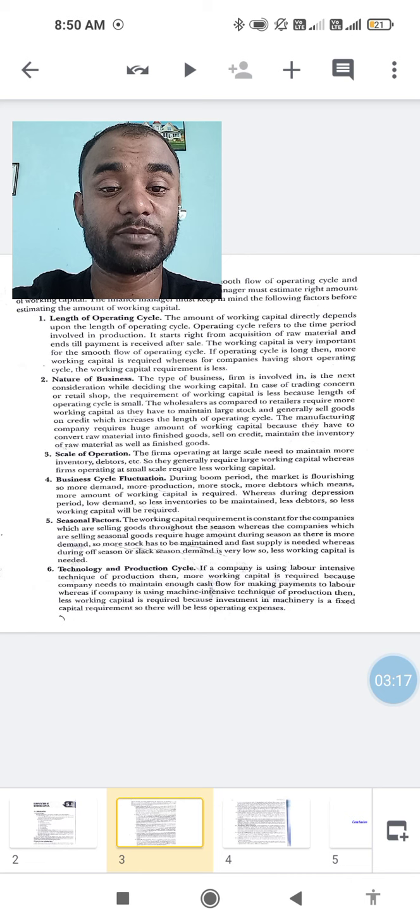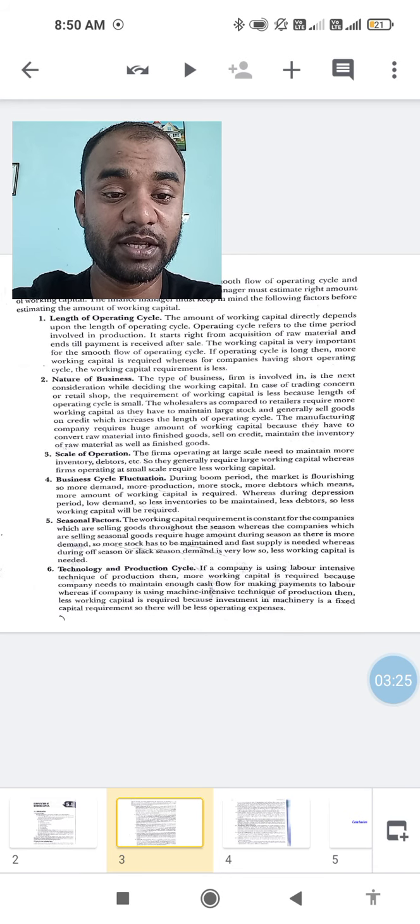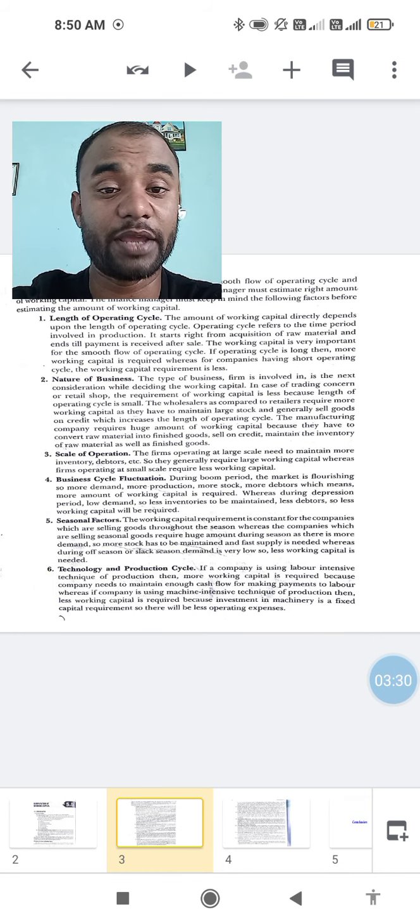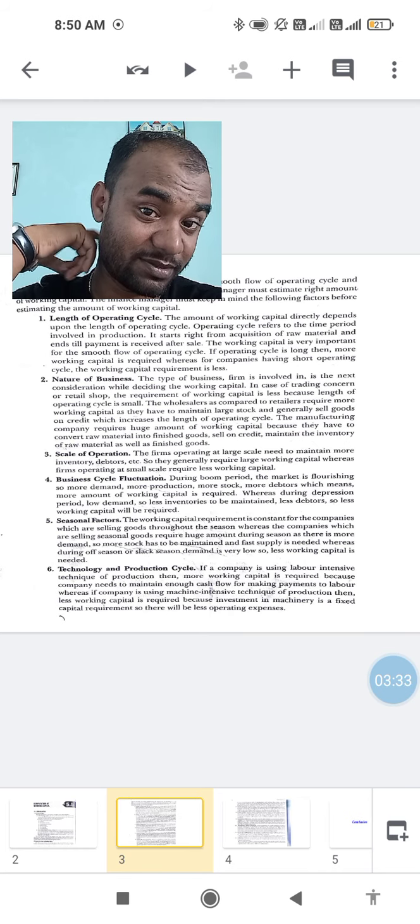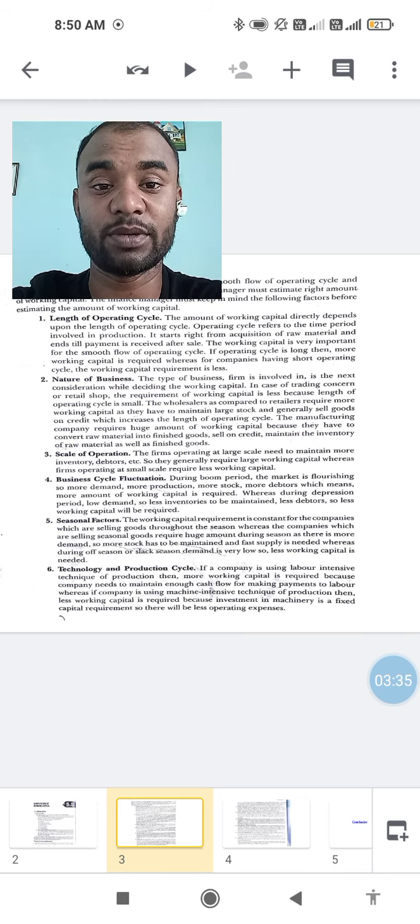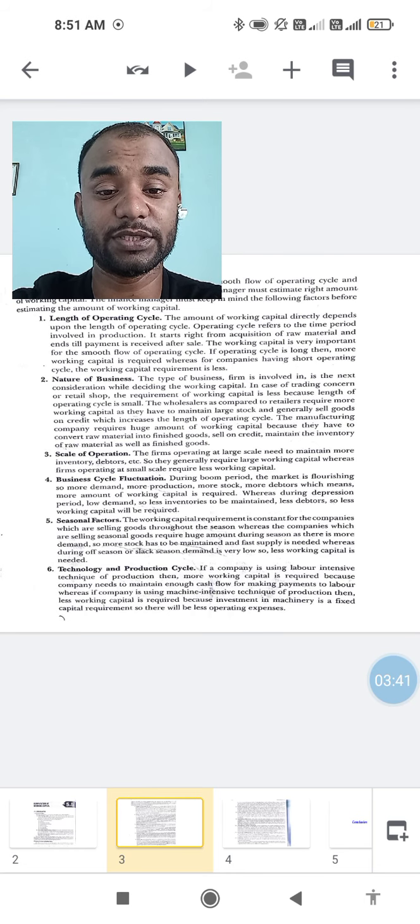So the market is very high. This is an example of seasonal fluctuation. Sometimes it is high, sometimes low, depending upon the season. In summer season, nobody will take winter clothes, but in winter season, winter clothes are in great demand.